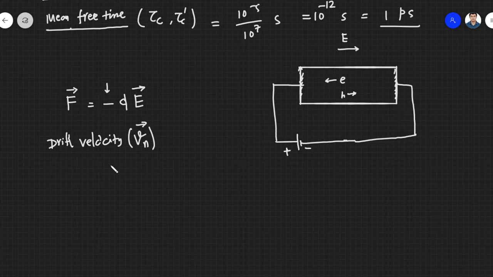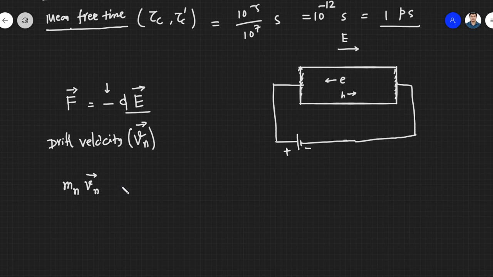Because of this drift force, there will be a change in momentum, right? So what is the momentum of an electron having drift velocity Vn? The momentum of the electron will be Mn, the effective mass of the electron, times Vn.